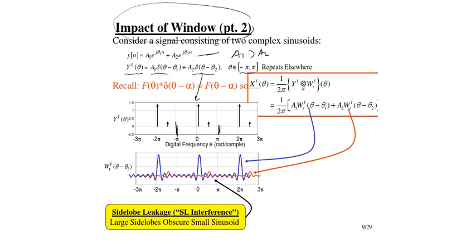So let me erase this. This is basically the DTFT of your window. I already told you that we get this kind of almost sinc function, right? Now we have to convolve it. So this is the convolution.